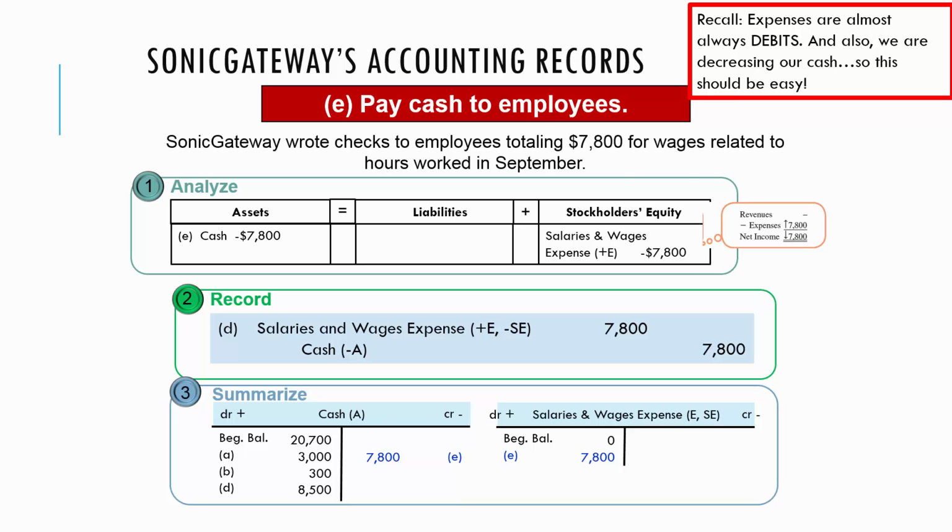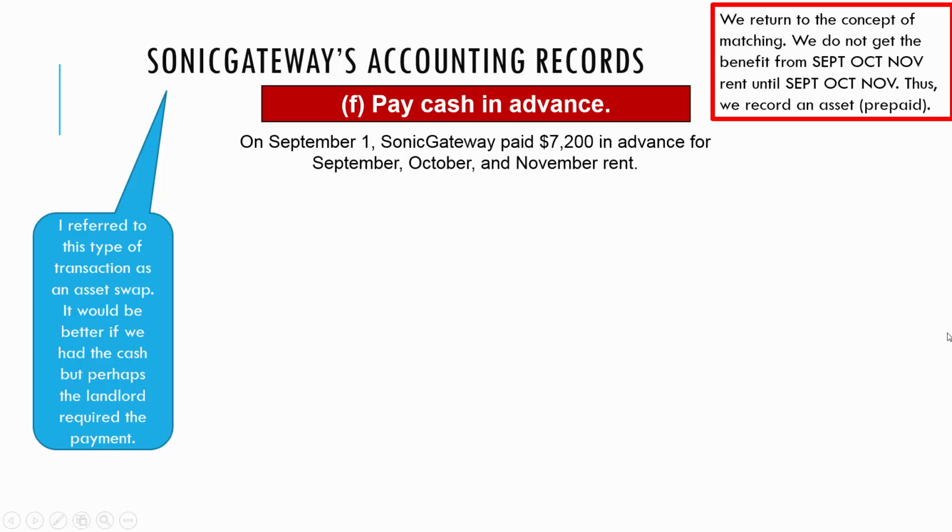Now, going back to the matching principle, these employees, I'm sorry, I'm used to having student employees. The employees here work during the month of September, and I said before this is September. So when we prepare the income statement, we're going to have our revenue for September, we're going to have our expenses for September. In this case, the expenses for September are those wages that these employees worked in September. It works out rather nice.